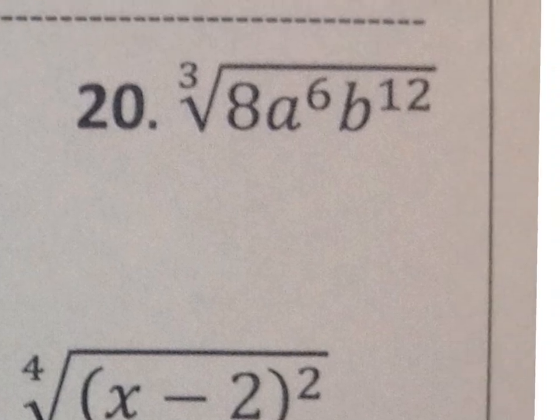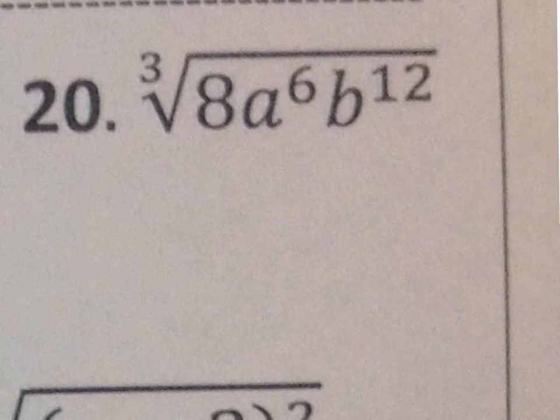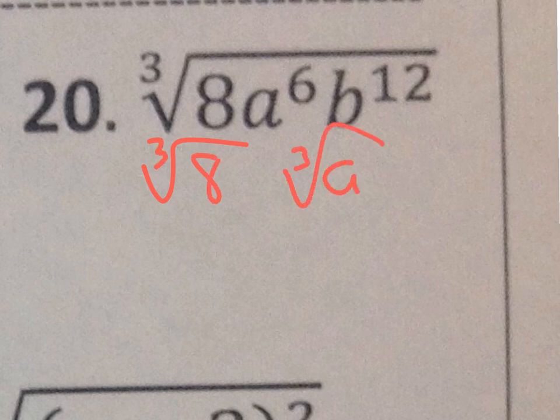So if I jump to number 20, for example, this is going to be, if you split them up, the 3rd root of 8. It's going to be the 3rd root of a to the 6th. And it's going to be the 3rd root of b to the 12th. Now, remember what I just said. It's always the power over the root. So the 3rd root of 8, everybody knows that that's just 2.